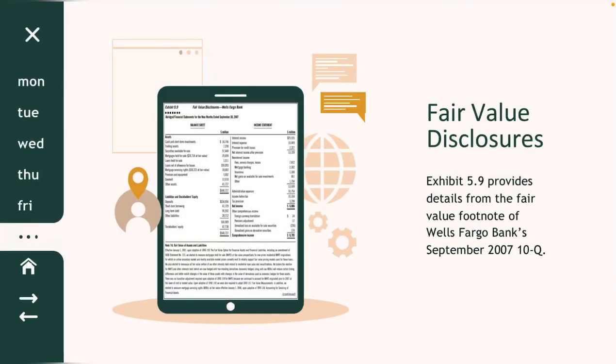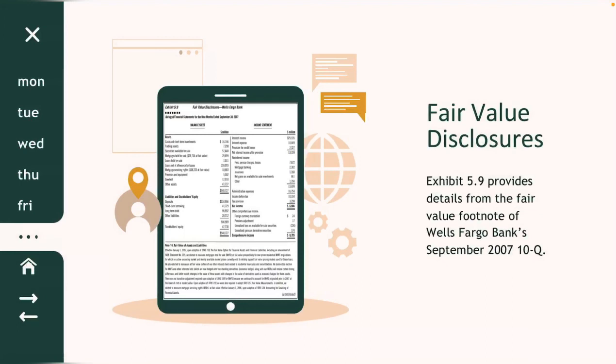This is the fair value disclosure. You can see in the picture that Exhibit 5.9 provides detail from the fair value footnote of Wells Fargo Bank's September 2007 10-Q.